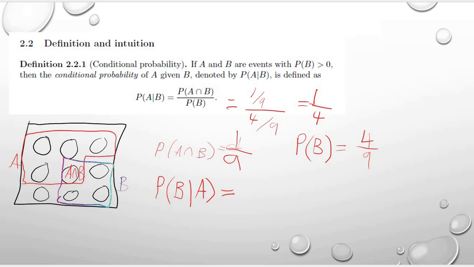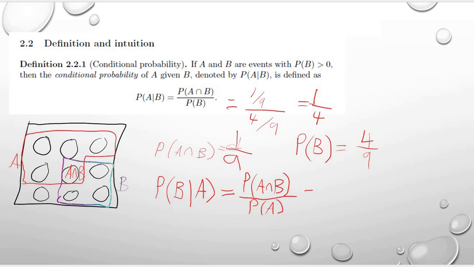Now, I can use the same formula as I used up here, but I want to switch A and B. A intersection B is the same as B intersection A, so switching that doesn't matter. So I'll switch them, and then switch them around again to get back what I had, since it doesn't matter. But the denominator is now P of A, isn't it?